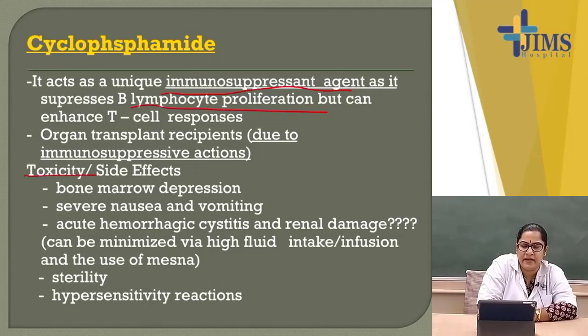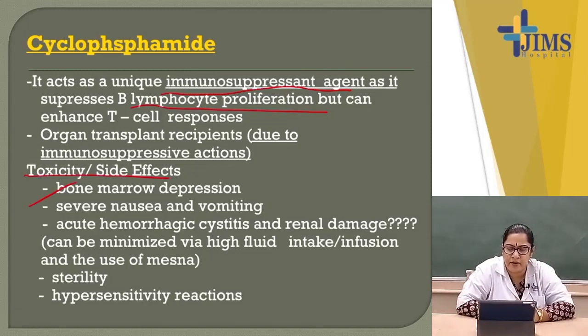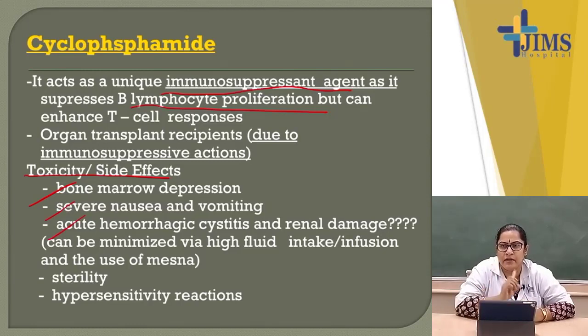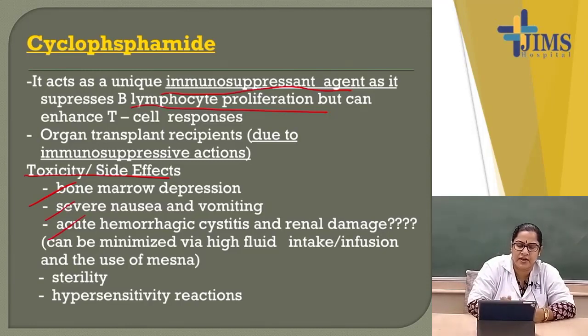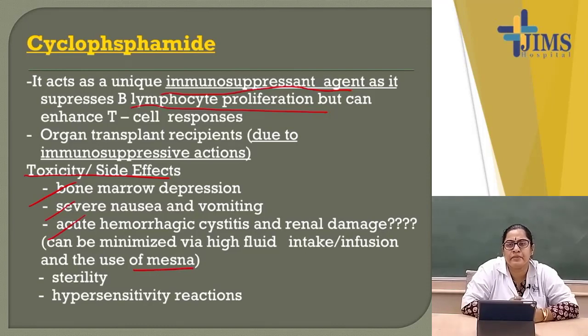Important toxicities and side effects are bone marrow depression, severe nausea and vomiting, and most important is hemorrhagic cystitis, due to the renal damage by acrolein, a constituent that is produced and causes the hemorrhagic cystitis. This can be minimized by high fluid intake or infusion with the use of mesna. So remember that hemorrhagic cystitis caused by cyclophosphamide can be prevented with infusion and the use of mesna.